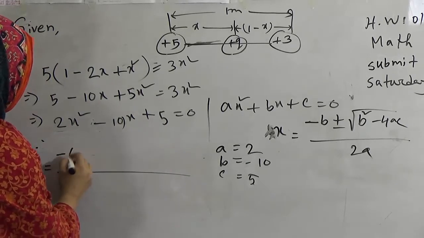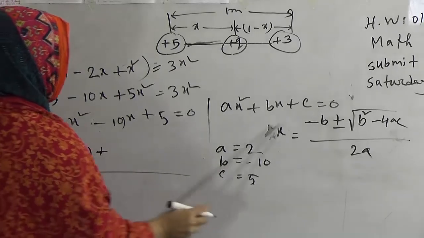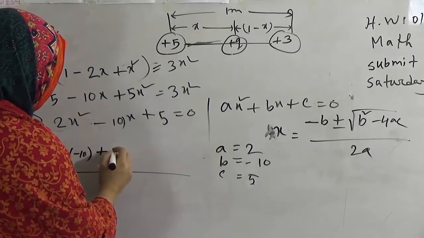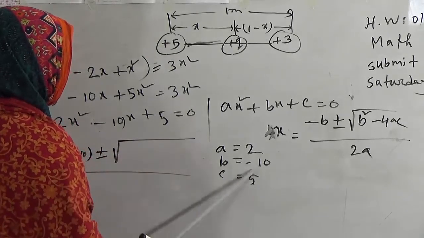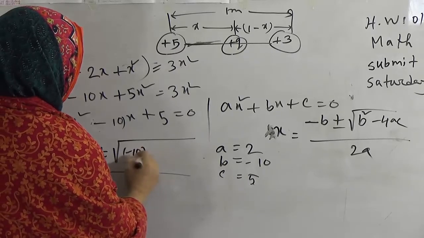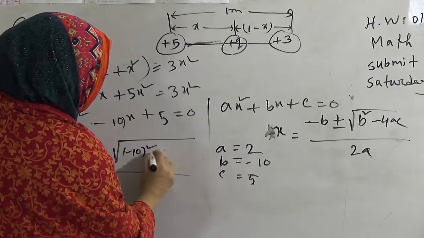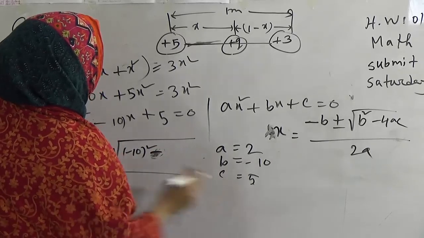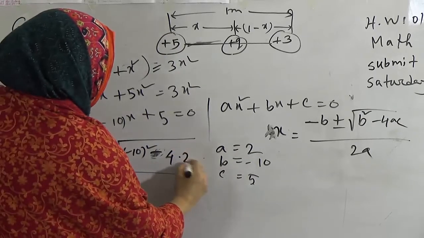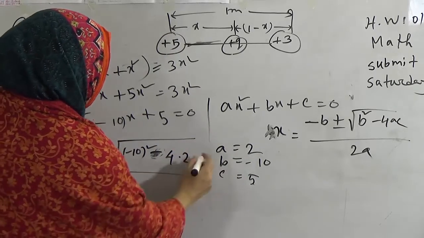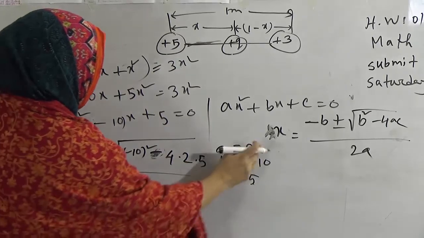So minus into minus 10, plus minus root over b square. b means minus 10 whole square, minus 4ac. Sorry, it will be minus 4ac. 4 into a means 2 and c means 5, divided by 2a, 2 into a means 2.